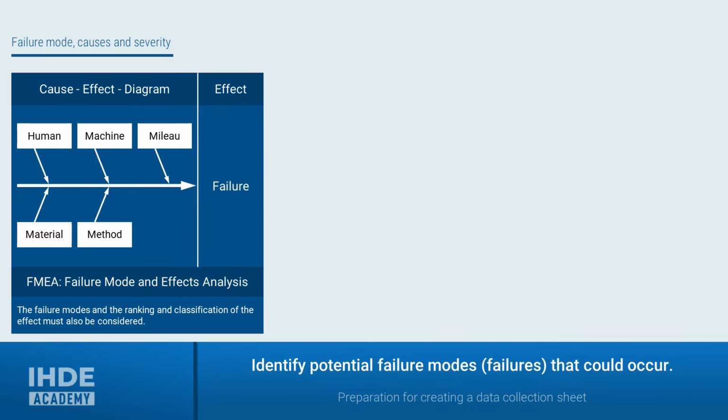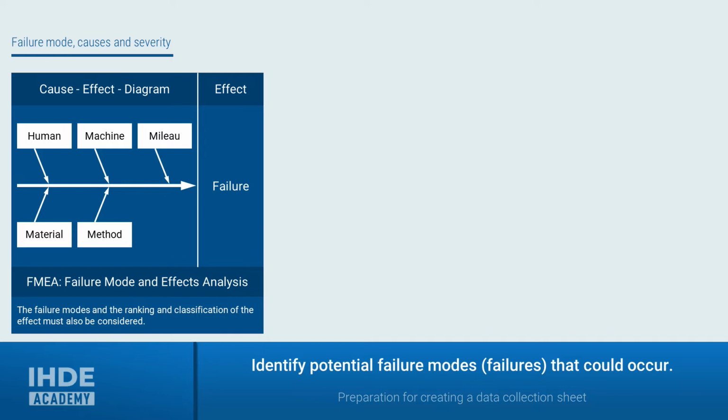The so-called cause-effect diagram is used to identify the cause of an error. I just want to show that potential failures can have various causes. For example, a person can make a mistake. A machine can be defective or incorrectly adjusted.